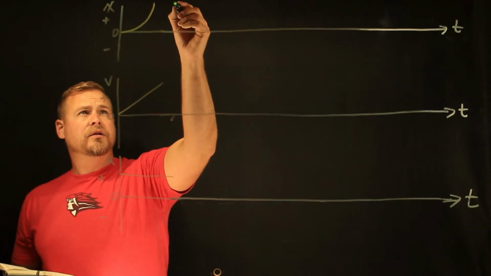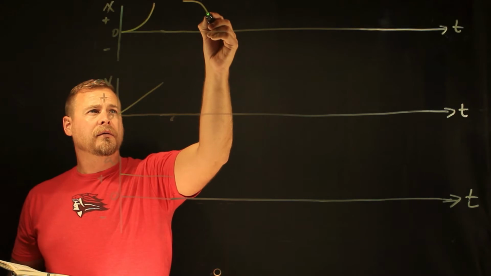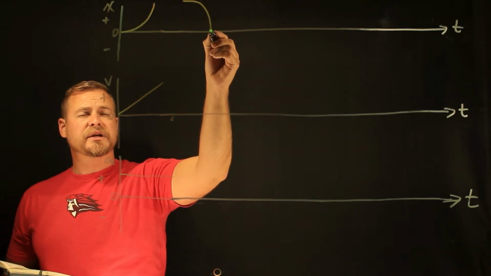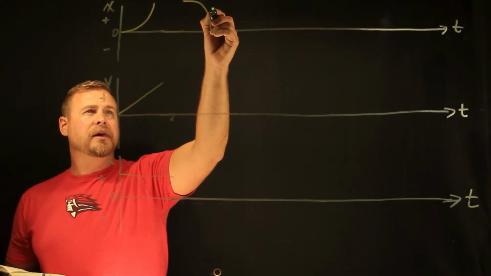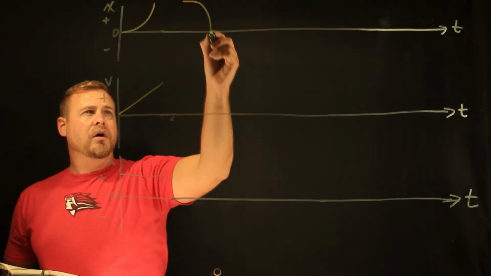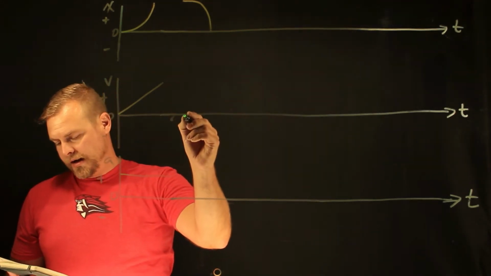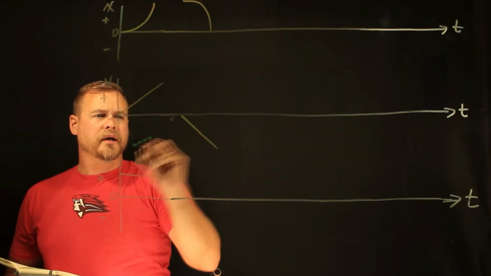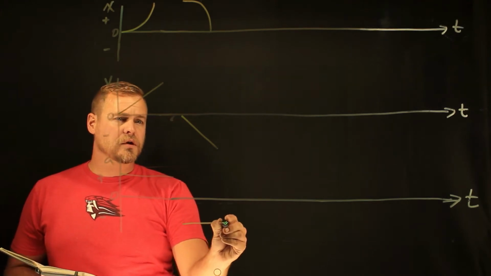If I started far away and I slowly increased my speed towards the origin, I would have a small negative and a large negative velocity. And so a small negative and a large negative velocity would look like this. And my acceleration would be a negative slope.